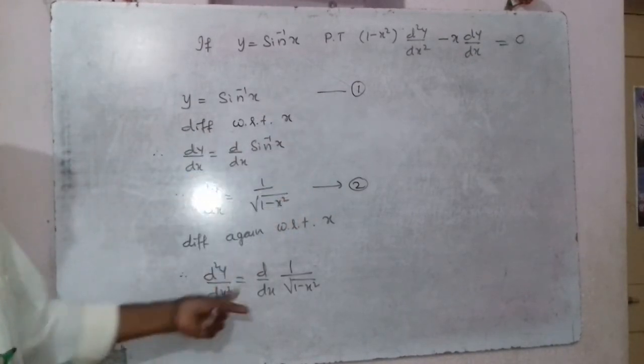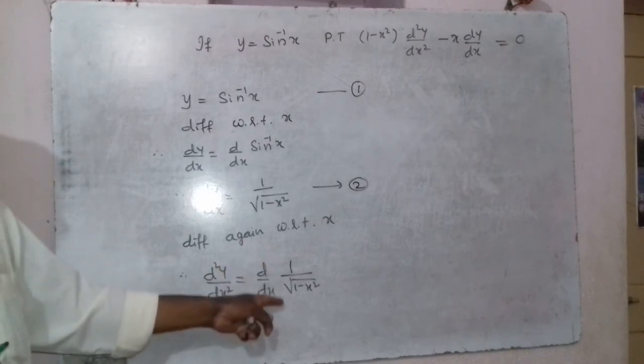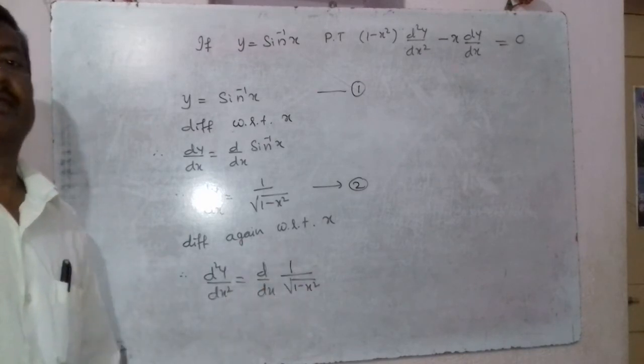So d square y by dx square is equal to d by dx of 1 upon root of 1 minus x square.